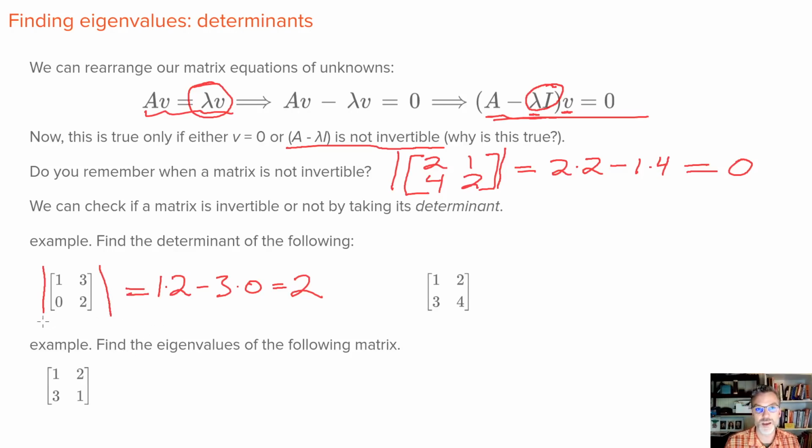So this is invertible because the determinant is not 0. You notice here there's a pattern emerging that the rows are linearly dependent, and when I take the determinant I get 0. Here the rows are not linearly dependent, they're independent, and when I take this determinant I get something that's non-zero.